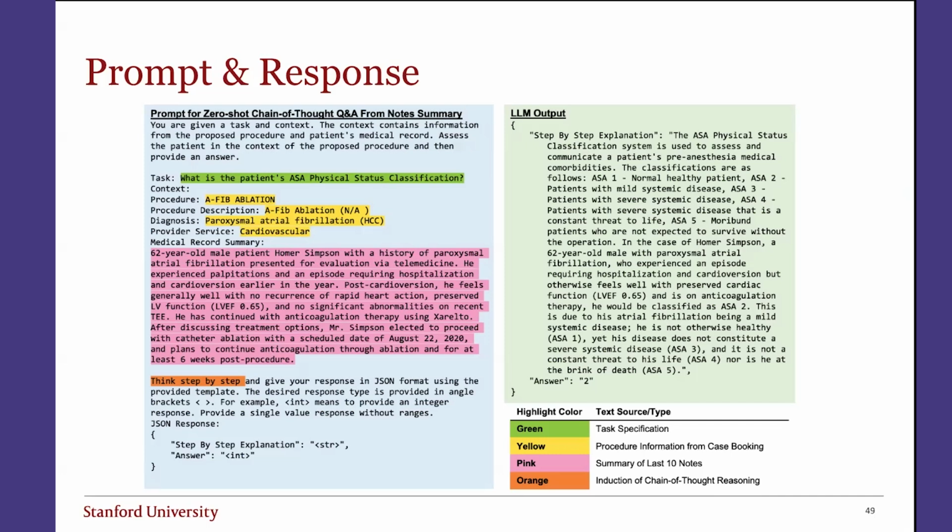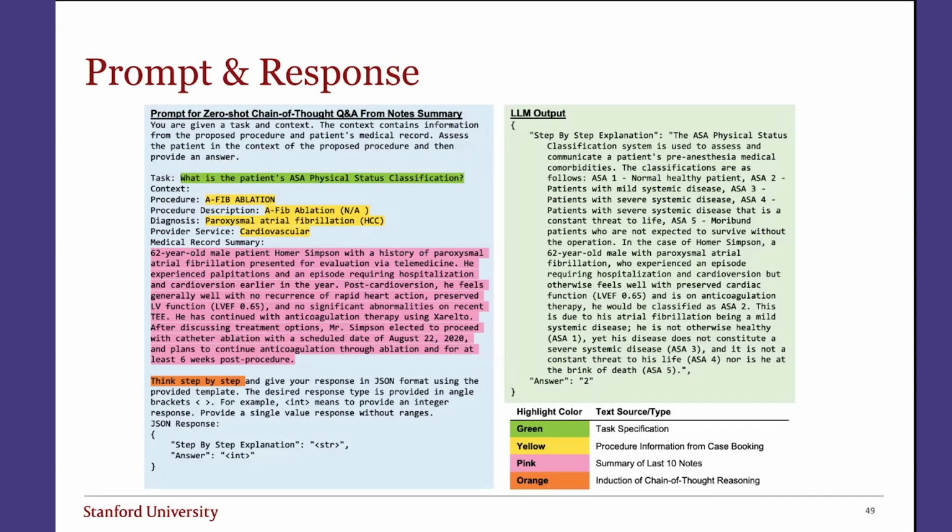So if you look at the explanation, one very interesting thing is that we took a general domain off-the-shelf language model. GPT-4 Turbo is not a healthcare specific language model. And yet it knows the definition of the ASA physical status classification. It knows the different categories.